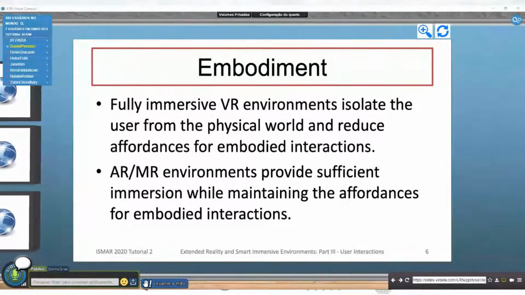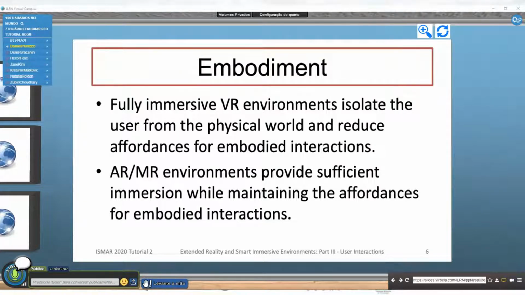When dealing with fully immersive virtual reality environments, we are talking about situations where users are isolated from the physical world, and as a consequence, that reduces the affordances for embodied interactions. Using that fully immersive VR environment increases the likelihood or percentage of users that experience problems of cyber sickness.